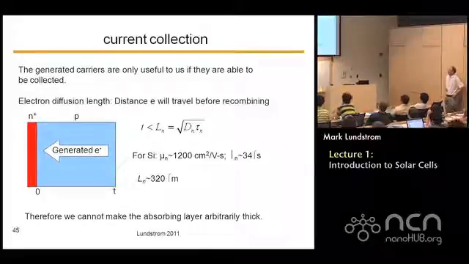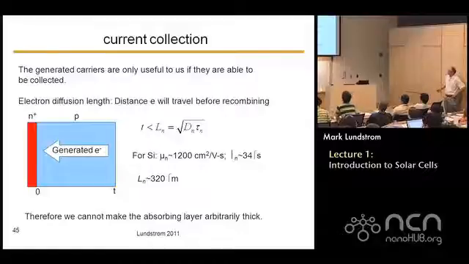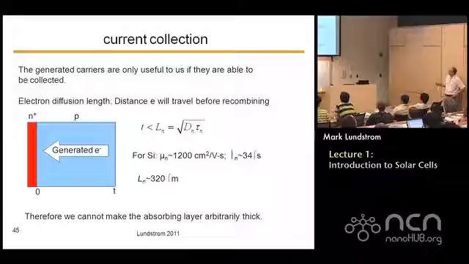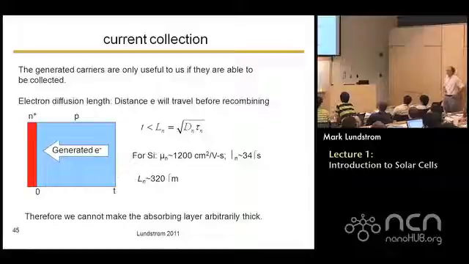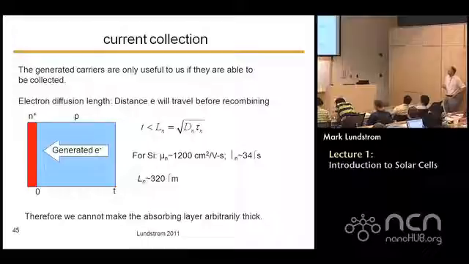Okay. And I'll just mention briefly, these electrons that are generated away from the junction, they typically diffuse. Before they recombine, they can diffuse on the order of a diffusion length, which is the square root of diffusion coefficient times time. So we want a material that has a high diffusion coefficient or high mobility, or a material that has a very long lifetime, so it has plenty of time to diffuse to the junction and get collected.